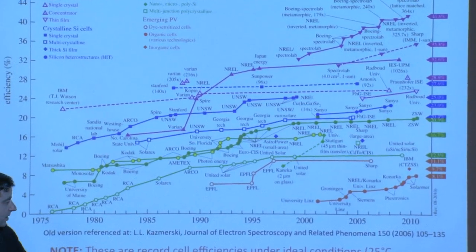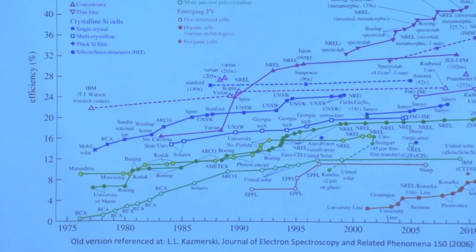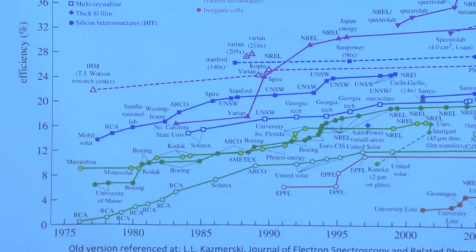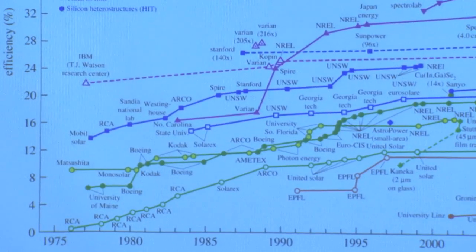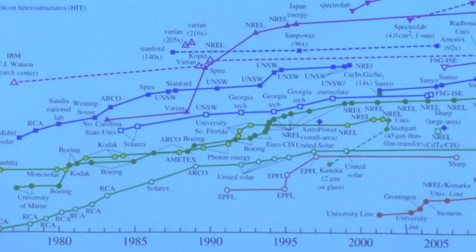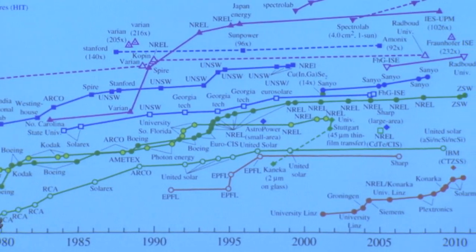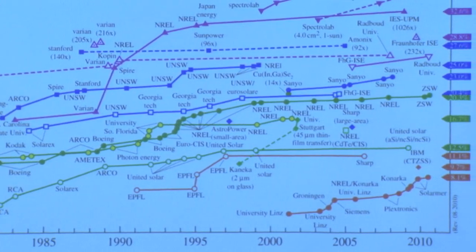Actually, he used to be the head of NREL's solar program. He stepped down a few years ago after a very successful run, many years. And he's a bit of a father of the US PV industry. He's been around for a long time and has been tracking the growth of the PV industry and, of course, the improvement of performance over time.